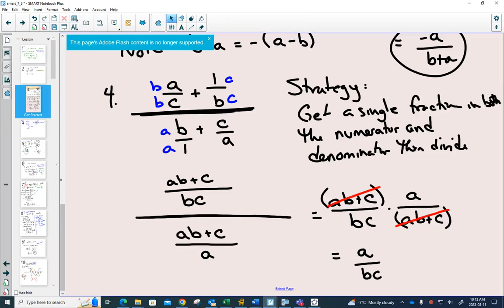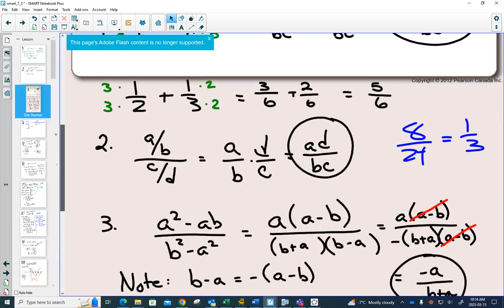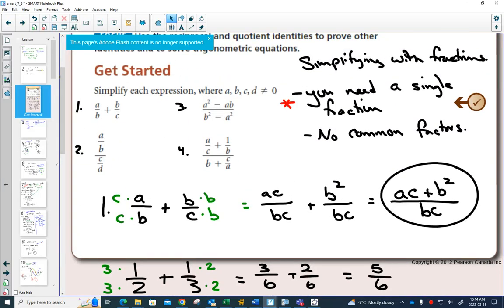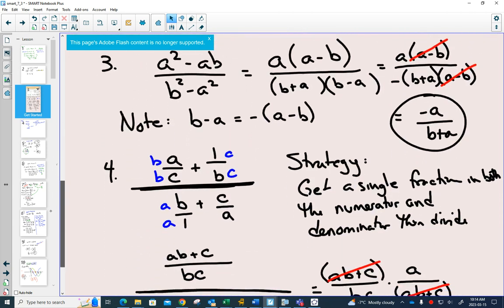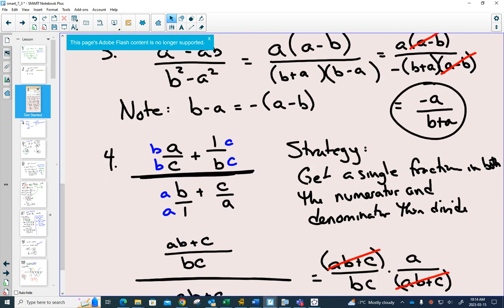Okay? For this unit, we're going to be doing this the same, but instead of letters A, B, C, and D, we're going to use sine theta, cos theta, tan theta, cosecant theta, and all of those. You're going to really have to know these fraction rules. And this strategy of getting a single fraction, and especially when you have fractions inside of fractions, getting a single fraction in your numerator, getting a single fraction in your denominator.